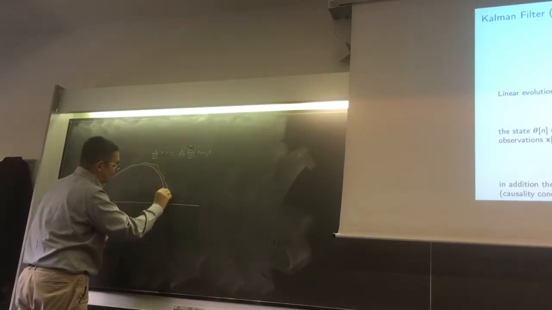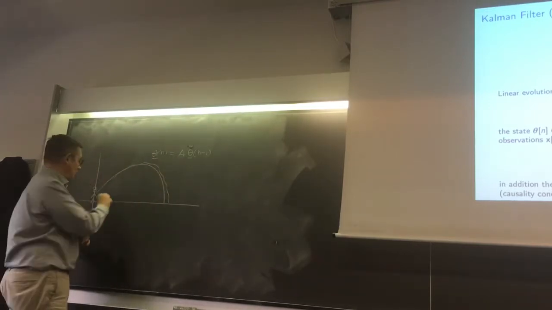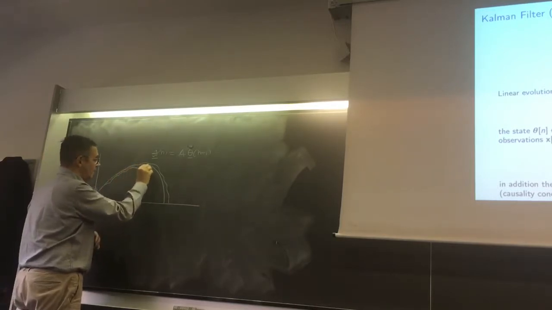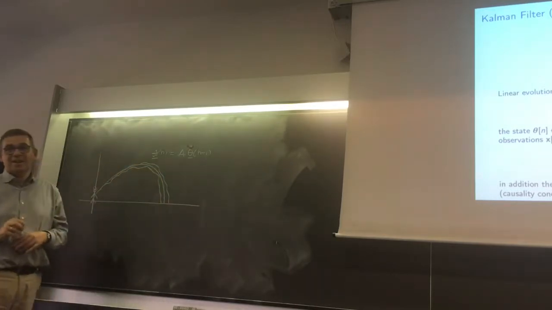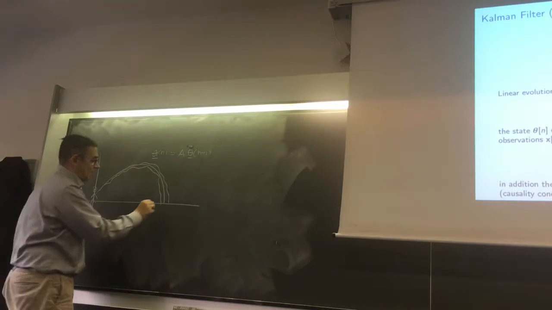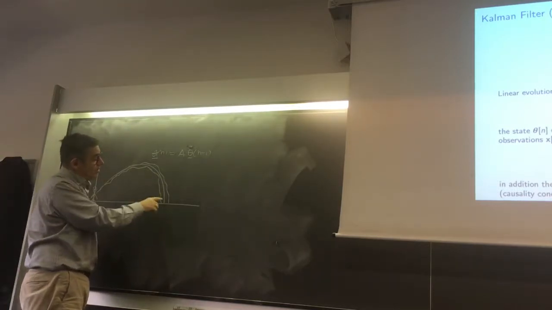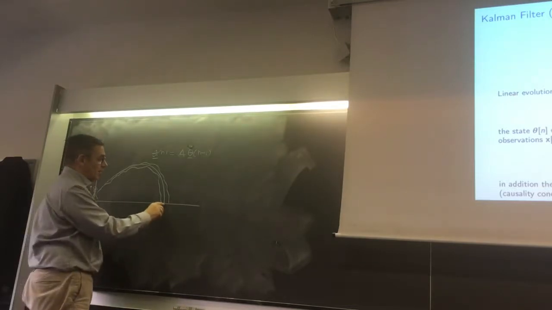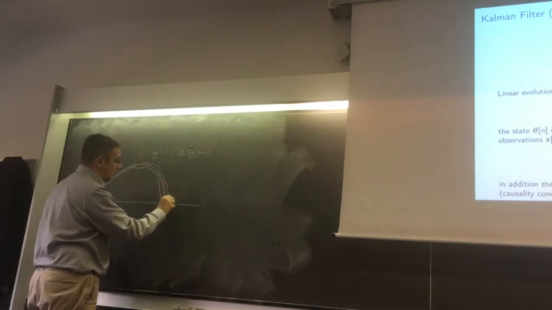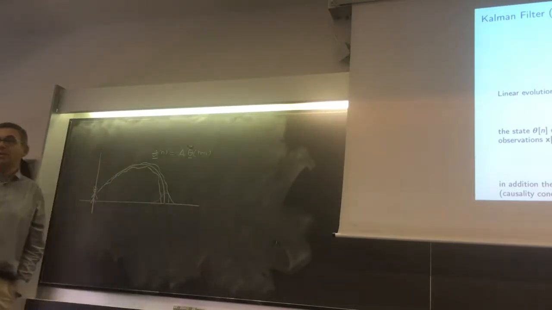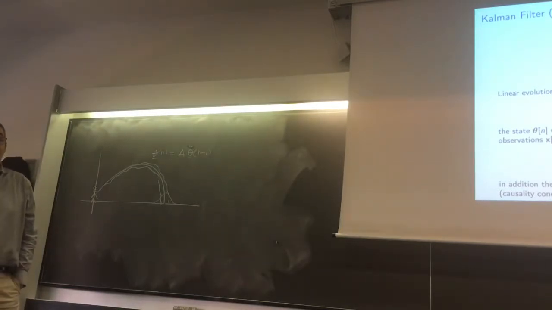I'm exaggerating. You know where it's going, but not exactly. So this dropping point is where I'm predicting, but perhaps it's distributed with a certain uncertainty.